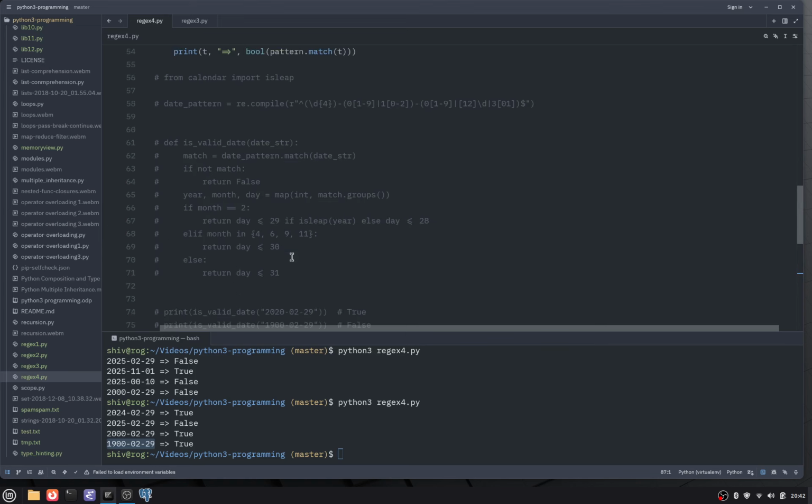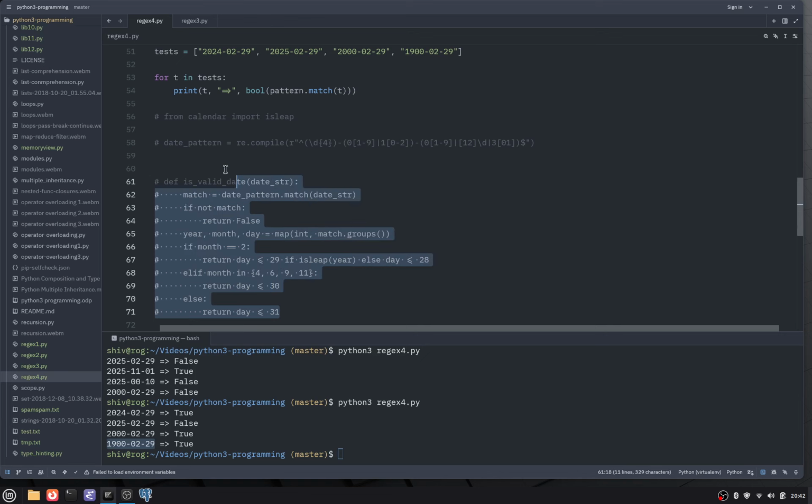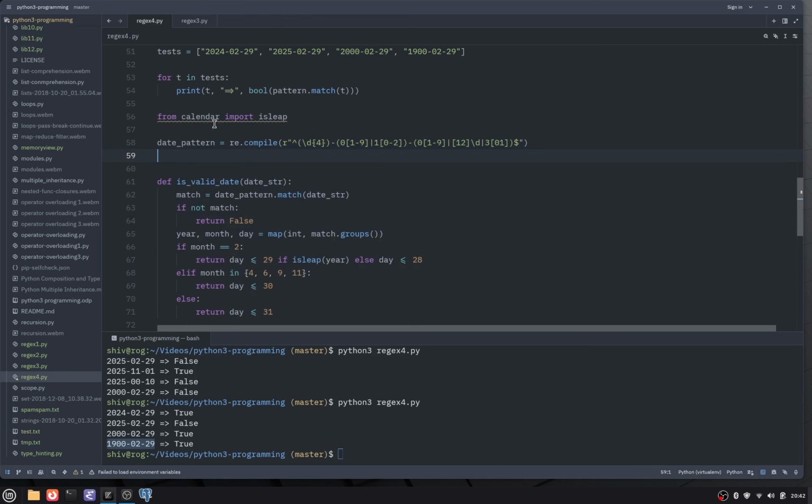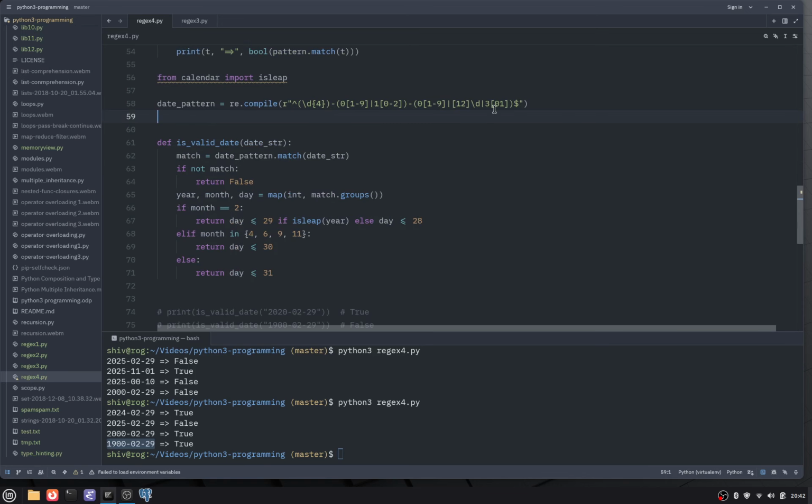There is one thing which I did not show. Okay. So for example, if you really are desperate to find a leap year, a correct solution would be that you import is leap from the calendar. You take a simple regex and match and say it's valid date or not. If it does not match, return false.